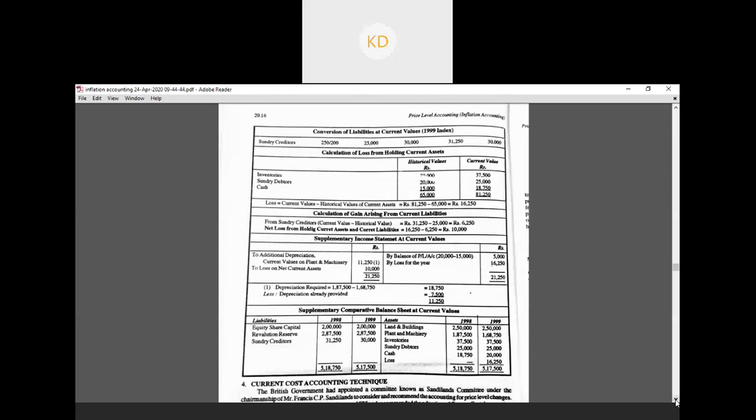Okay. Now, next thing, revaluation. You have to prepare a balance sheet. How are you preparing the balance sheet? In the balance sheet, you will be taking these converted values which you have already taken.